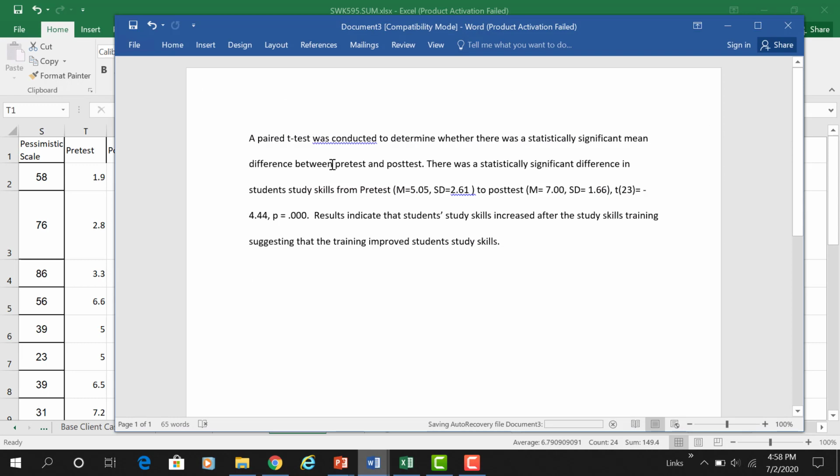A paired sample t-test was conducted to determine whether there was a statistically significant mean difference between pre-test and post-test.